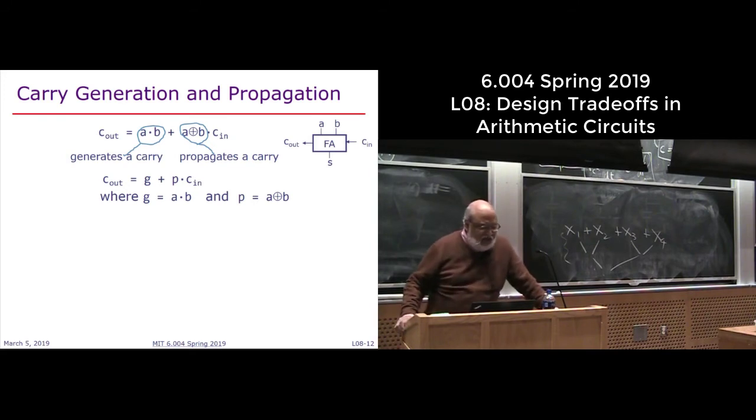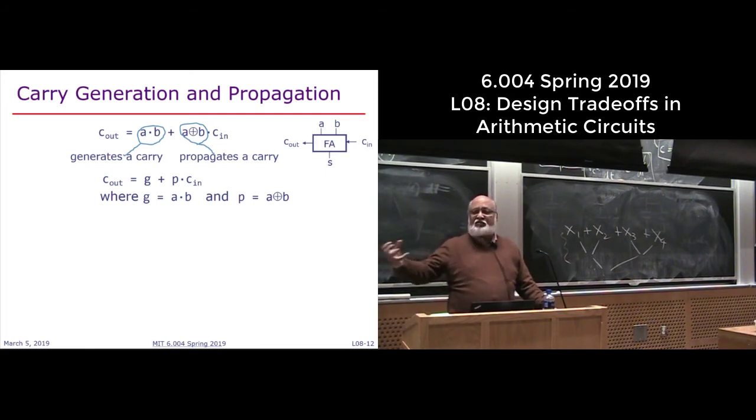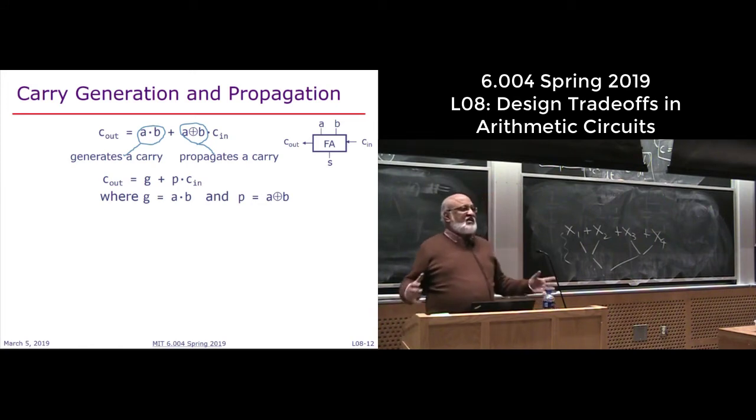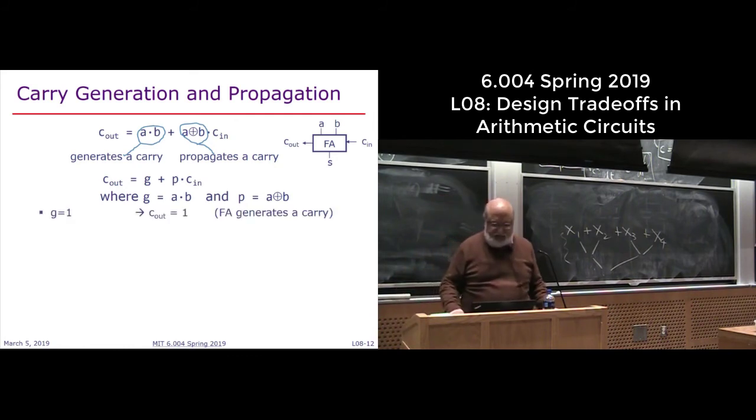So I could have written it like this: carry out is generate plus propagate dot C in. Are you comfortable with that formalism? That Boolean formula, right? You're saying under some conditions this just generates a carry. And in some other cases it propagates Cn. One step. So there are two ways carries come out of this system.